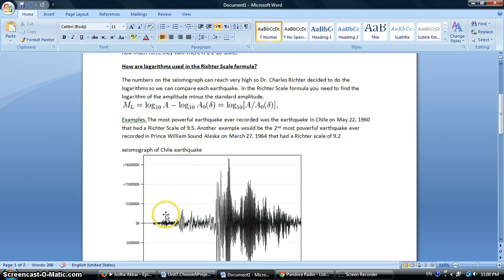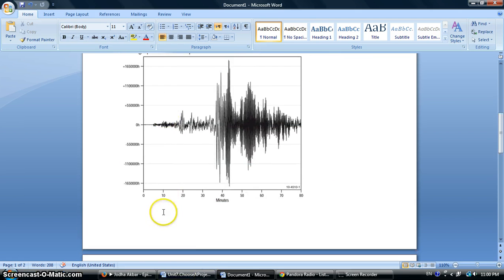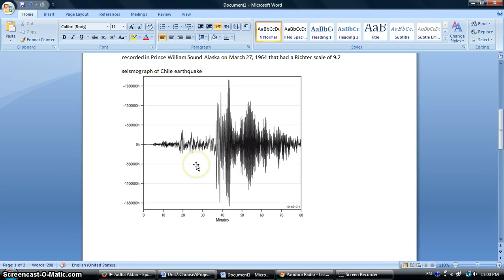Now, here is an example of a seismograph that is used in the Richter scale formula, which helps to apply it. They use the highest amplitude, and they subtract the standard amplitude, which is 10 to the negative 4.